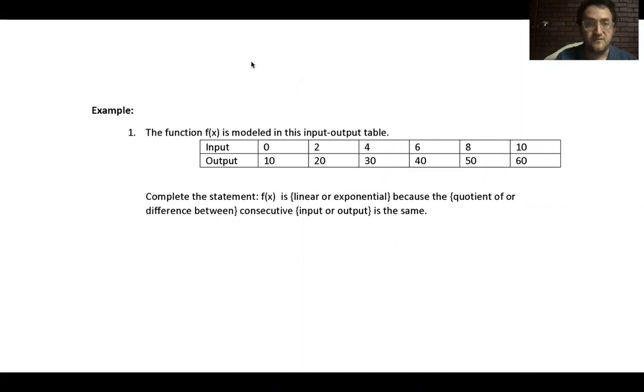All right. Here's another table question here. First thing I would do is think about, is there a constant linear rate? And in this case, I see that I'm doing a plus 10 every time. Because I'm adding the same thing each time, it's going to be a linear relationship, because the difference of consecutive outputs is exactly the same.